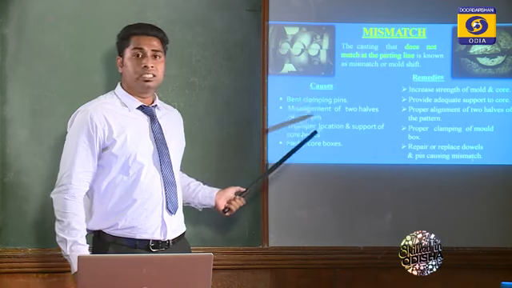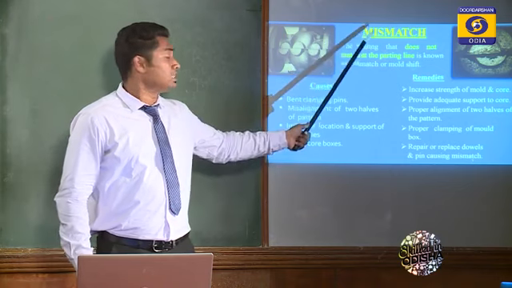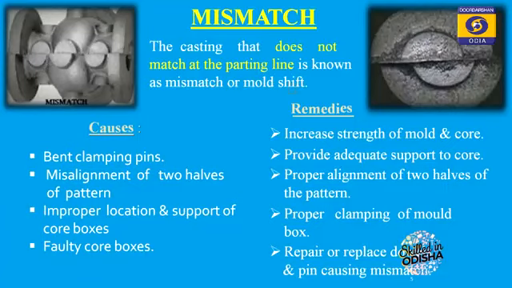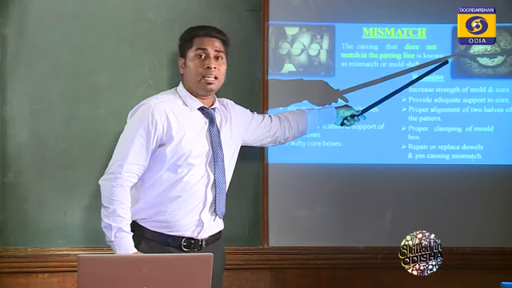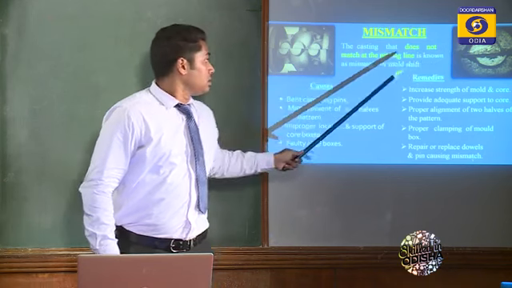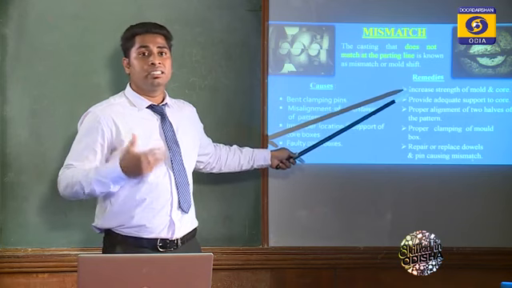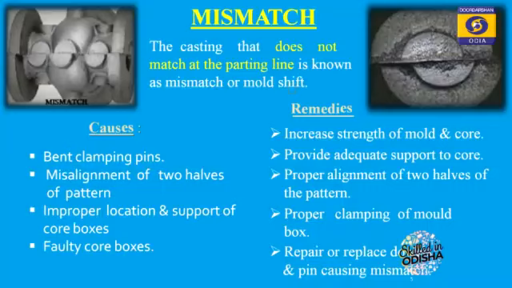These are the reasons for mismatch casting defects. See that figure? This is the parting line and this is not properly aligned. And what are the remedies for this mismatch casting defect?